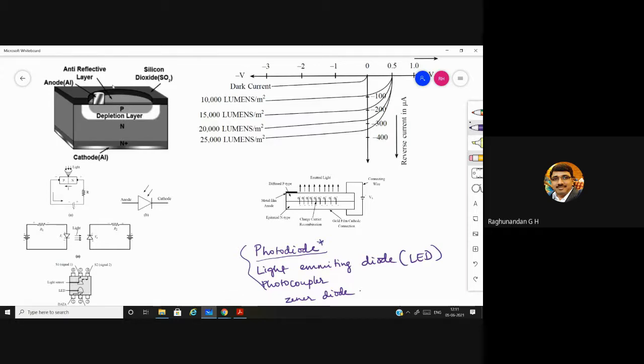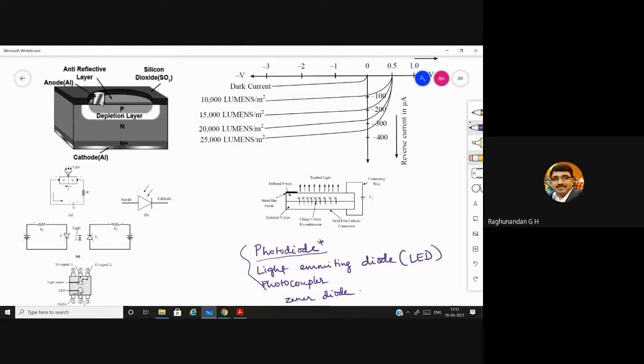When the light falls on this device, it should not reflect back. If it goes back, we will lose some amount of the light. So whatever light falls on this device has to be absorbed completely, and the equivalent of that light should be converted into an electrical signal.